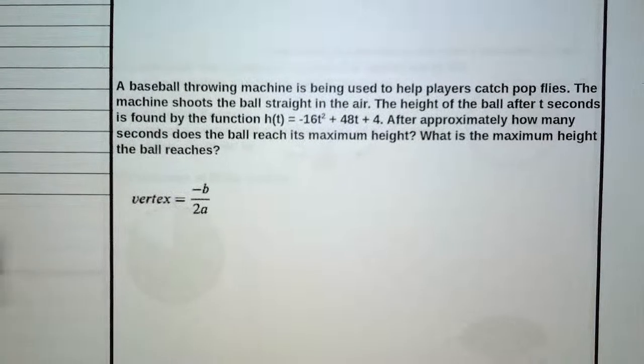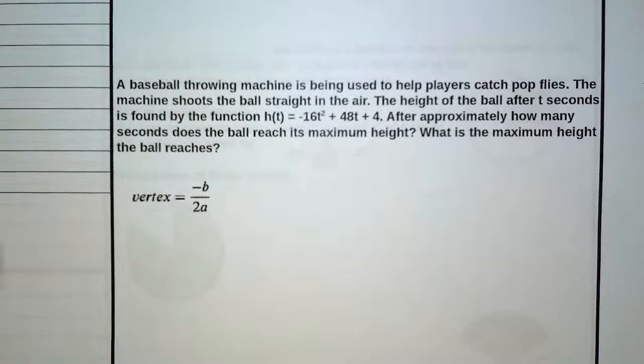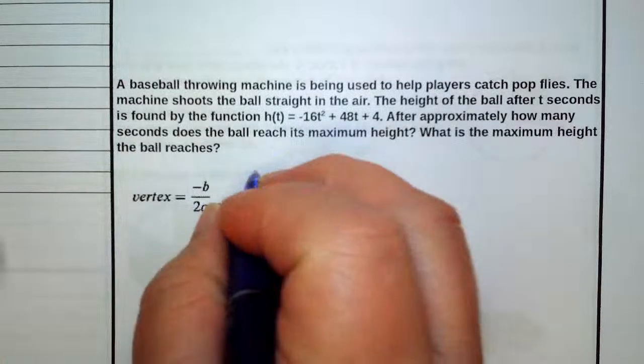A baseball throwing machine is being used to help players catch pop flies. The machine shoots the balls into the air. The height of the ball after t seconds is found by the function h of t is equal to the opposite of 16t squared plus 48t plus 4. So the first thing we're going to do is find the x value of the vertex.